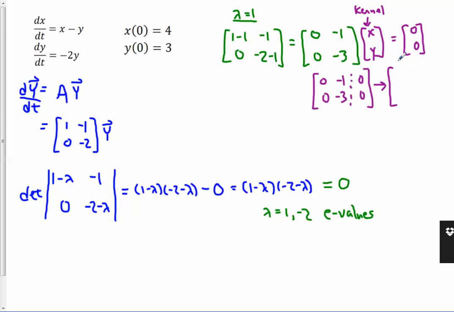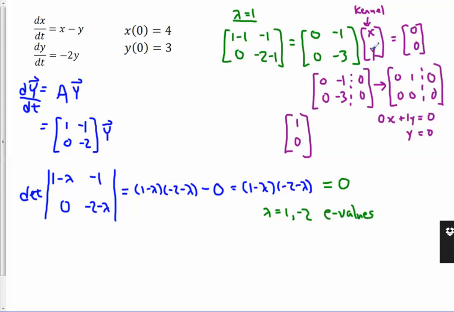So I think 1, 0 will work. If you were to RREF this, the first line would say 0x plus 1y equals 0, which tells you that y equals 0, which means x could be anything, because x went away here. So yes, 1, 0 works.